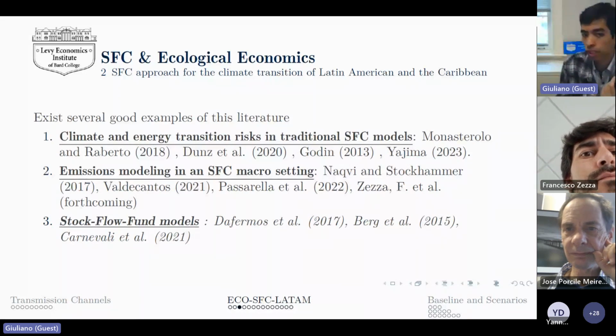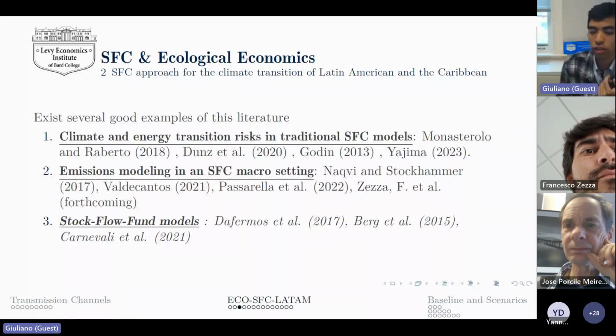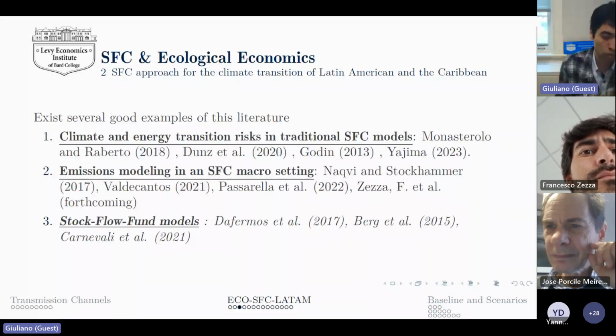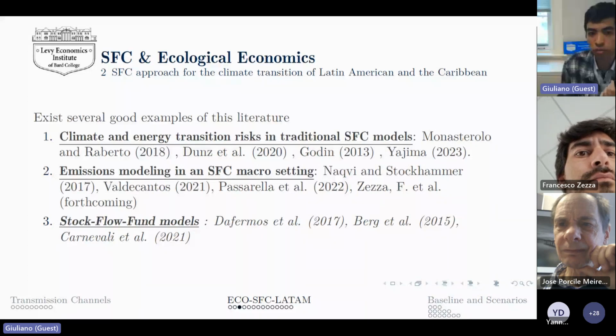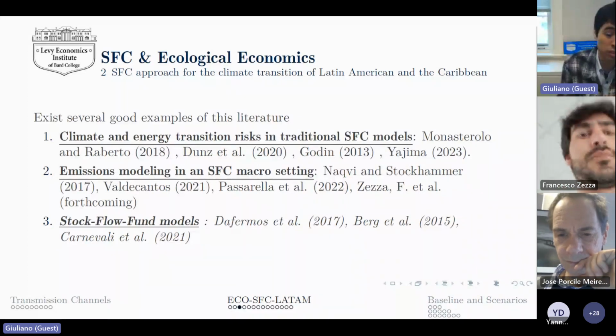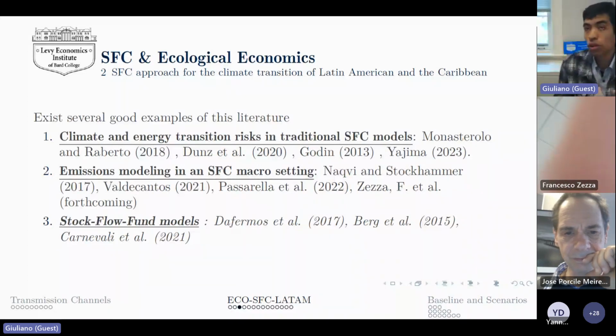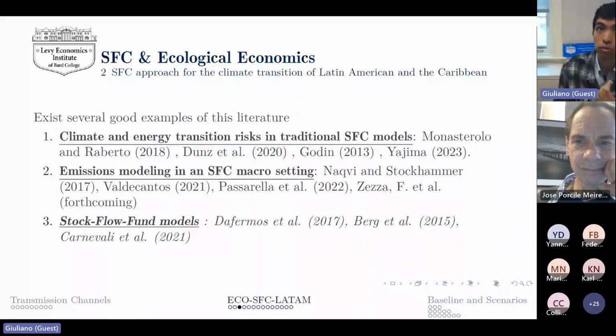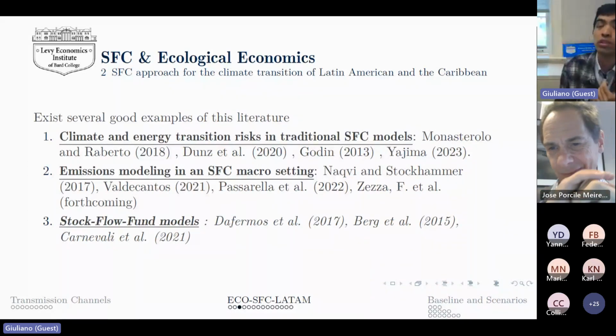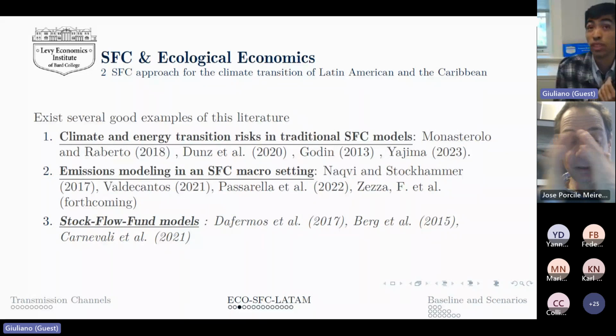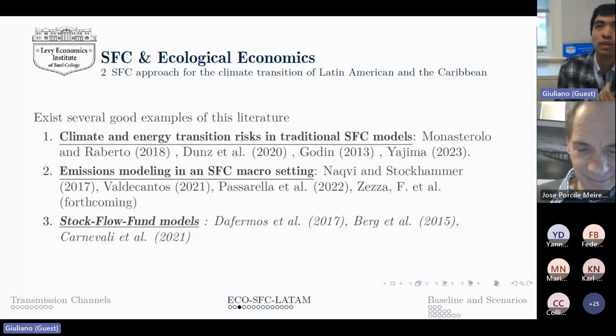One is more traditional, with a traditional SFC model, where we put forward some multi-sectoral model and try to analyze the energy transition risk. Another is more empirical, which tries to include, within medium-sized empirical models, some sort of estimation of carbon emissions.